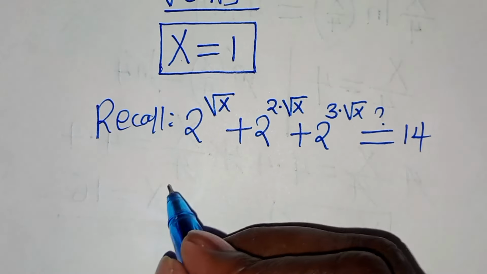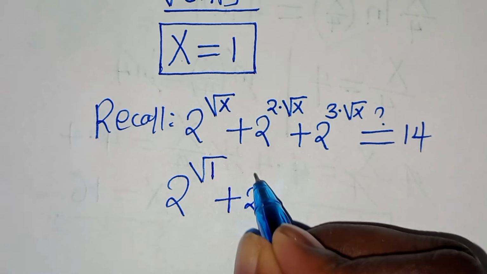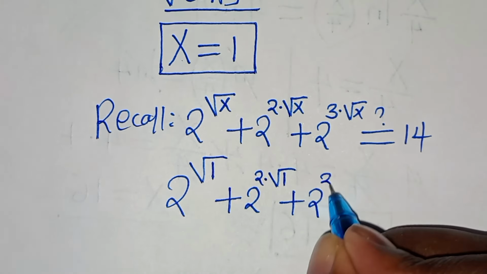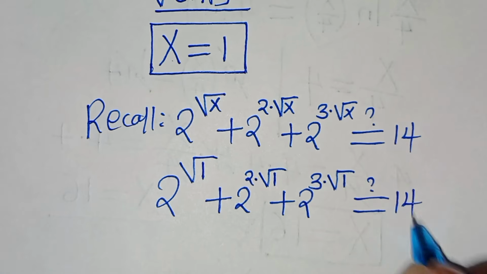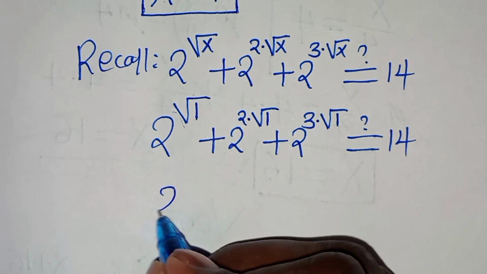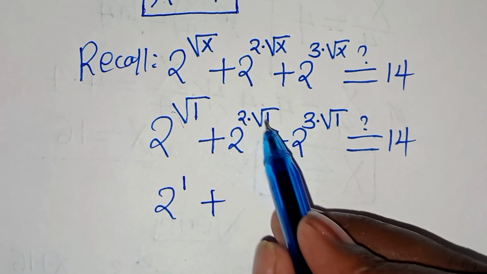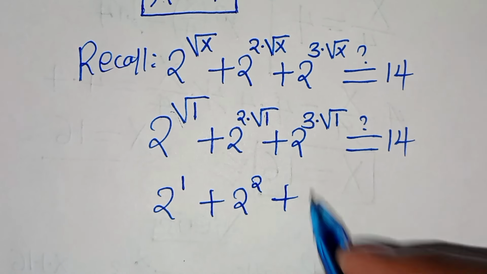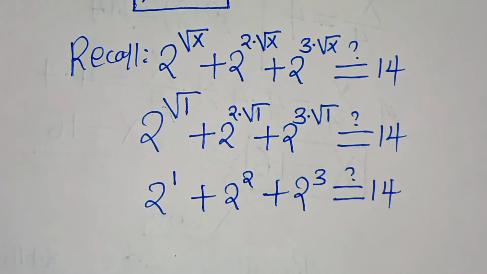Let's substitute x here, so that we have 2 to the power of square root of 1, plus 2 to the power of 2 times square root of 1, then plus 2 to the power of 3 times square root of 1. So this is 2 to the power of 1, then plus 2 to the power of 2, then plus 2 to the power of 3. This should give us a value of 14.